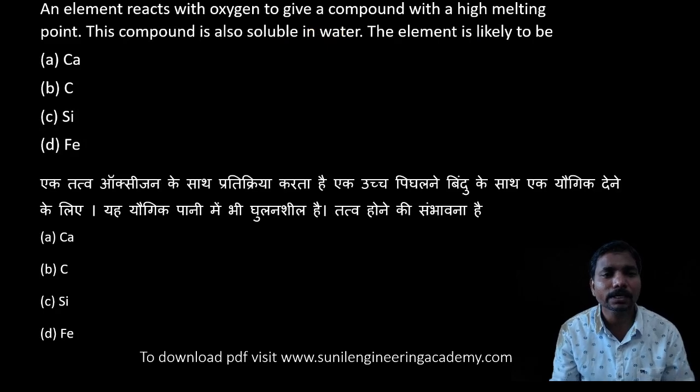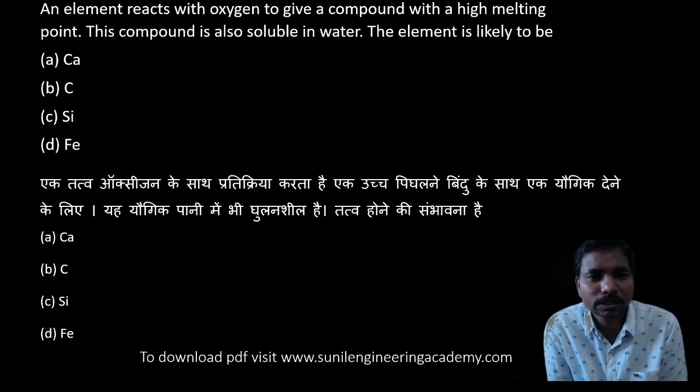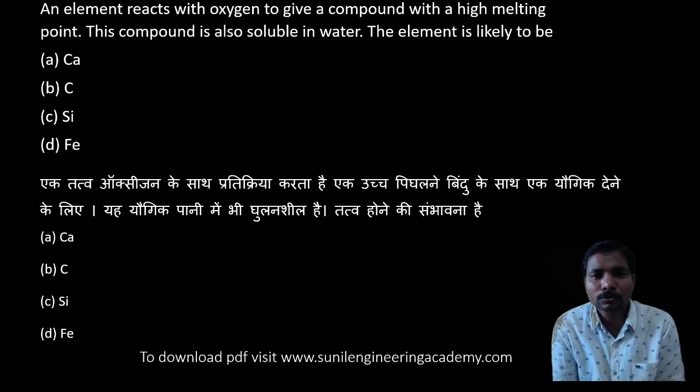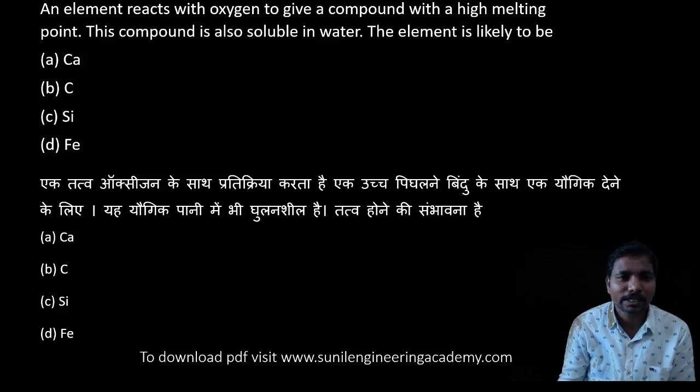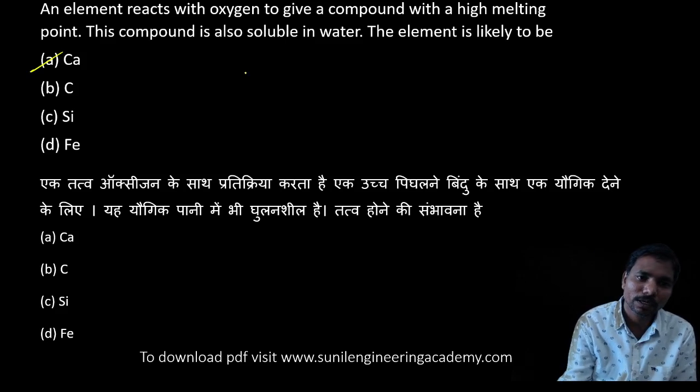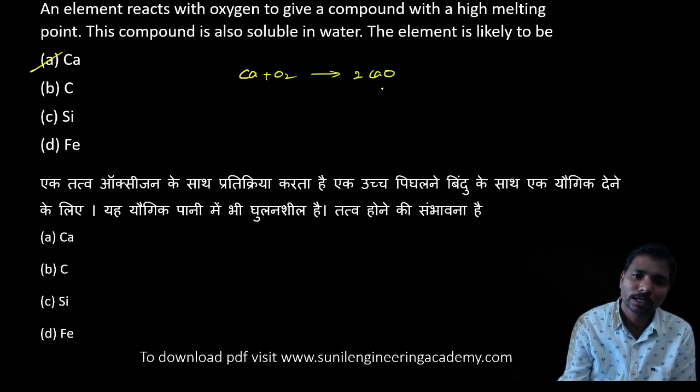An element reacts with oxygen to give a compound with a high melting point. This compound is also soluble in water. The element is likely to be dash. That is nothing but calcium. Calcium reacts with oxygen and gives calcium oxide, quicklime.